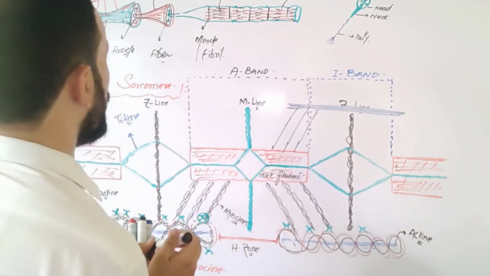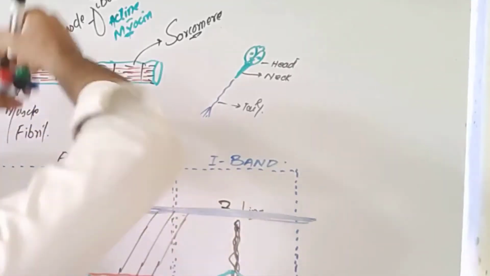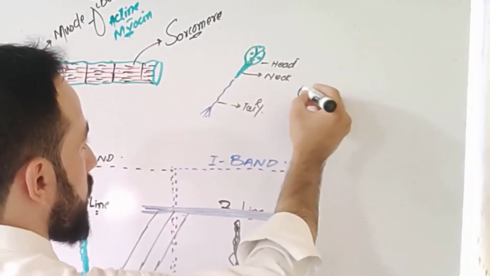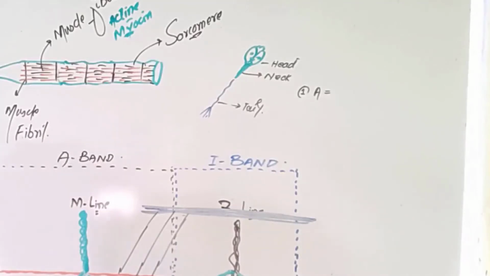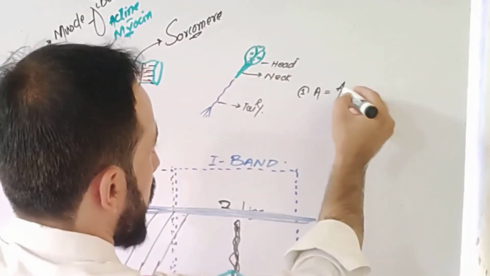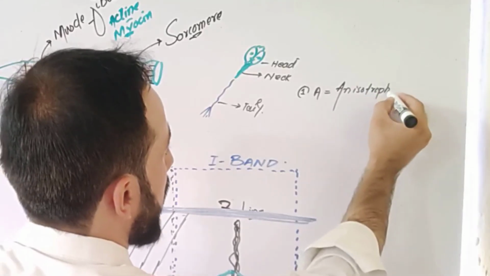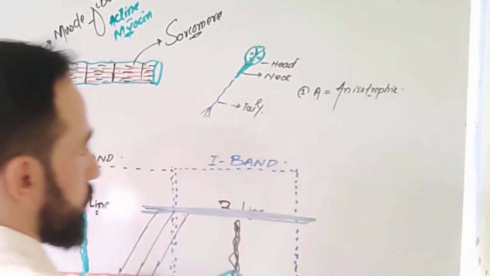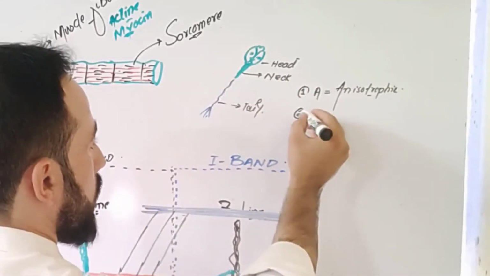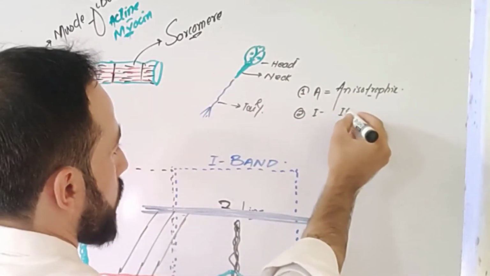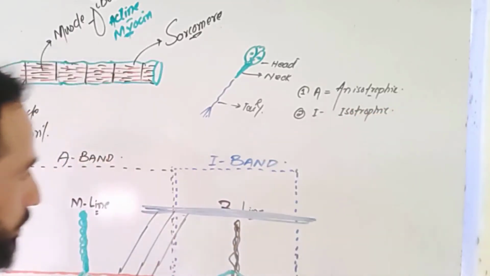Okay friends, the important points: A band, I band, M line, Z line. What are the meanings of all these? I will write the meanings here. The first is A. A means anisotropic band, right? Then there is the I band, number 2. I means isotropic, right?